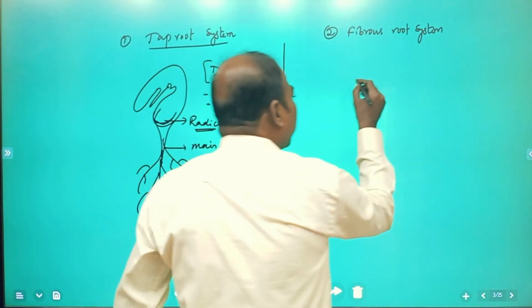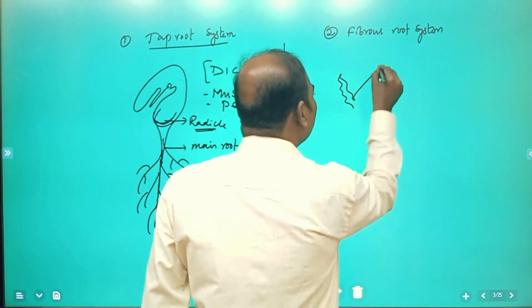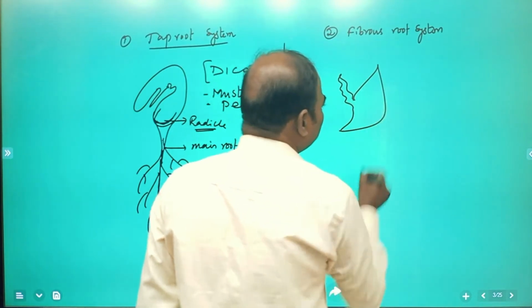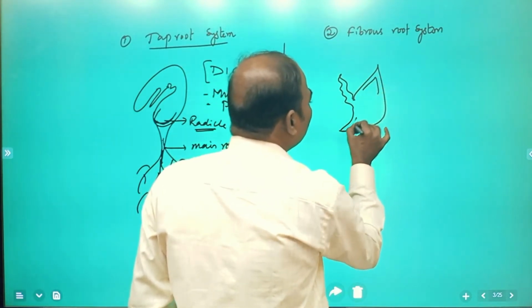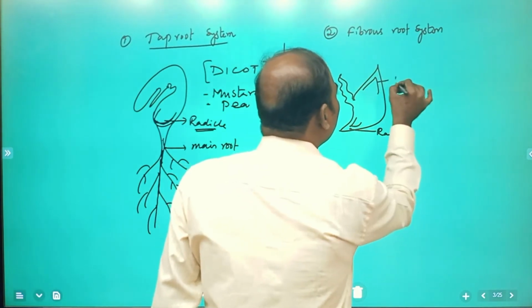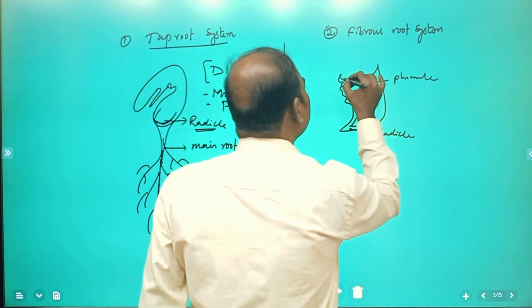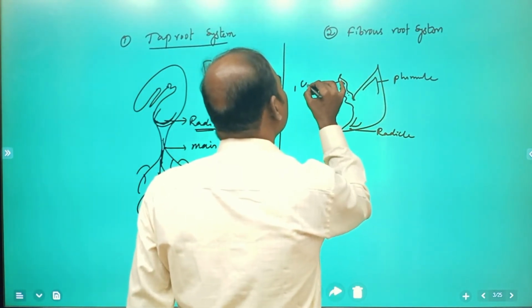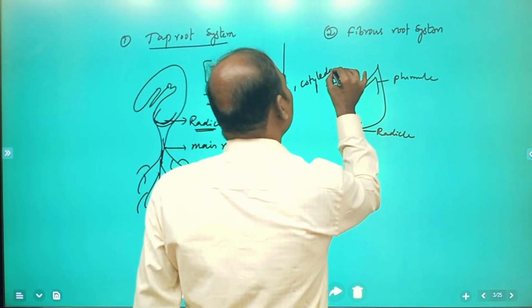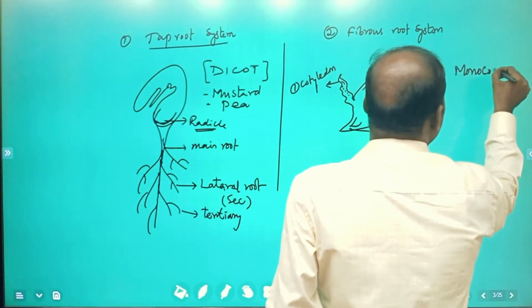Whereas you see, in some plants only one cotyledon is there in the embryonal axis, having radicle and plumule, only one cotyledon. These plants are said to be monocot plants.